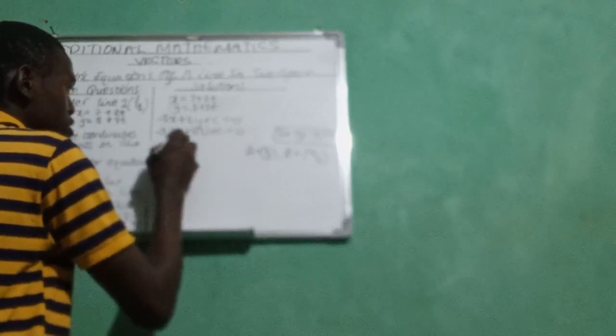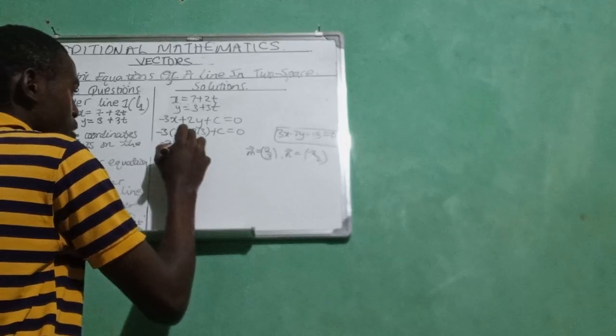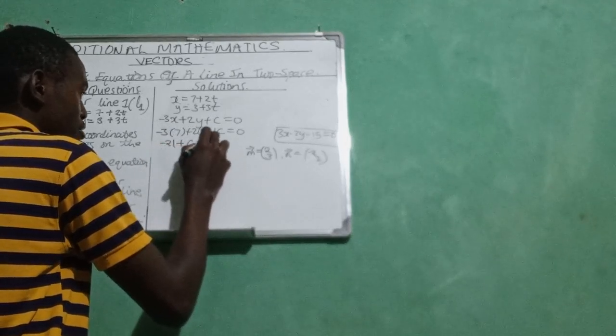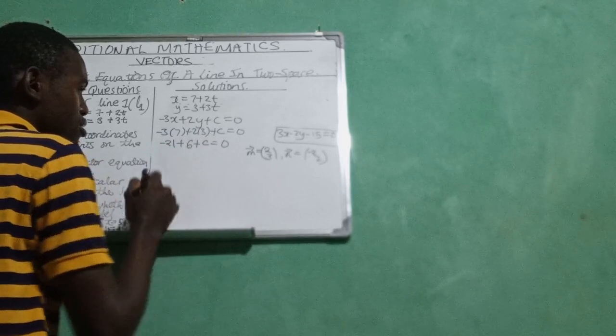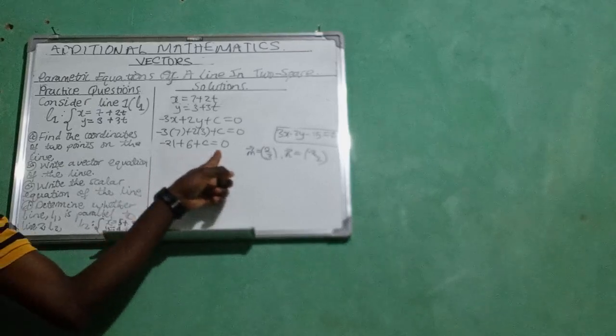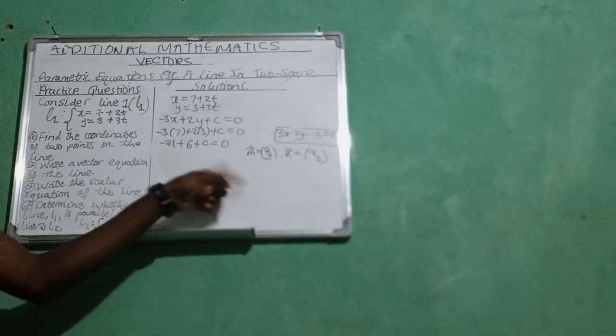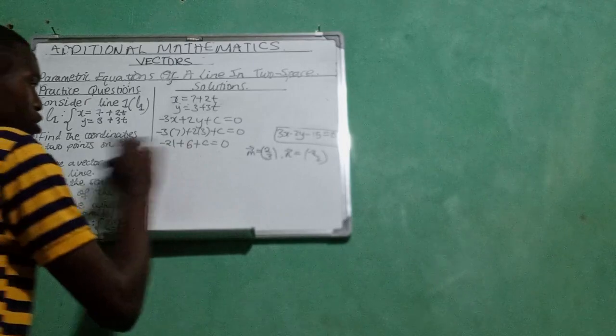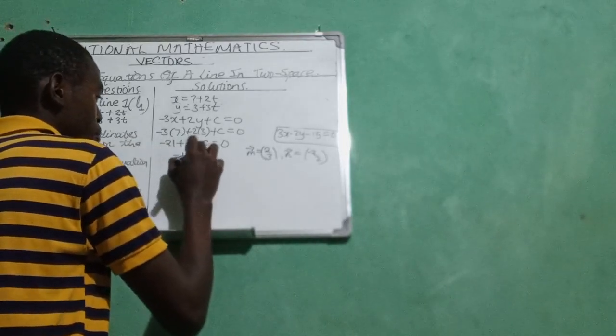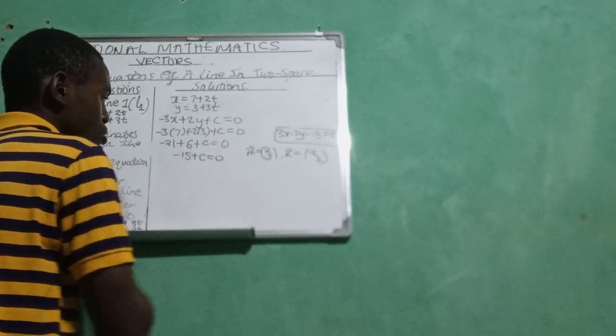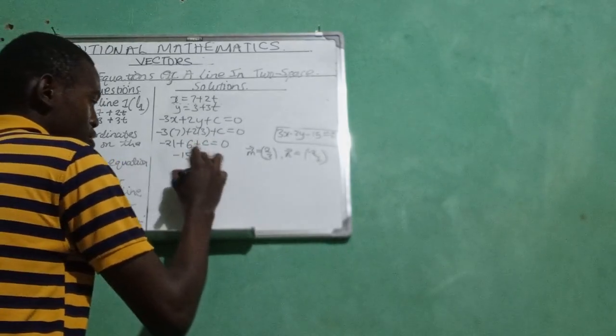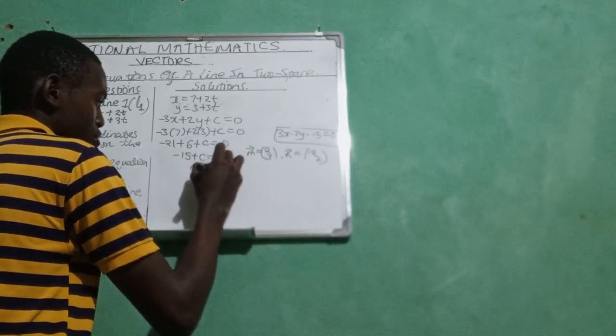Then in place of y we'll put 3, plus c is equal to 0. Here we have negative 21 plus 6 plus c is equal to 0. Now, if we do our algebra properly, we are going to have negative 15 plus c is equal to 0. Therefore, c is equal to 15.